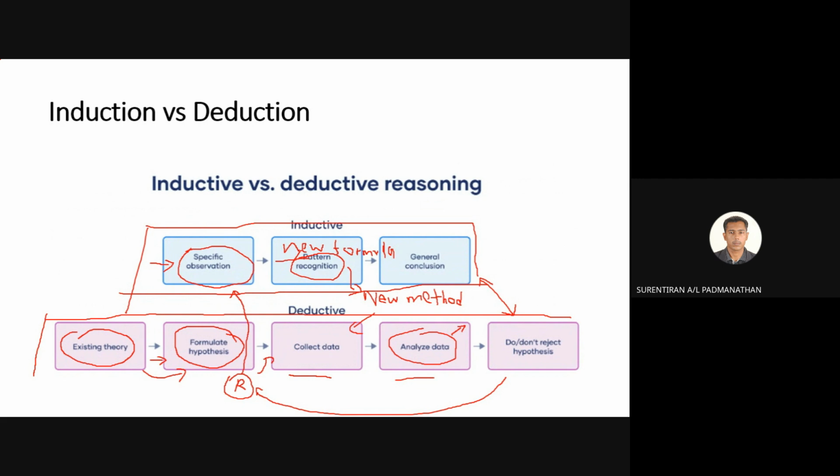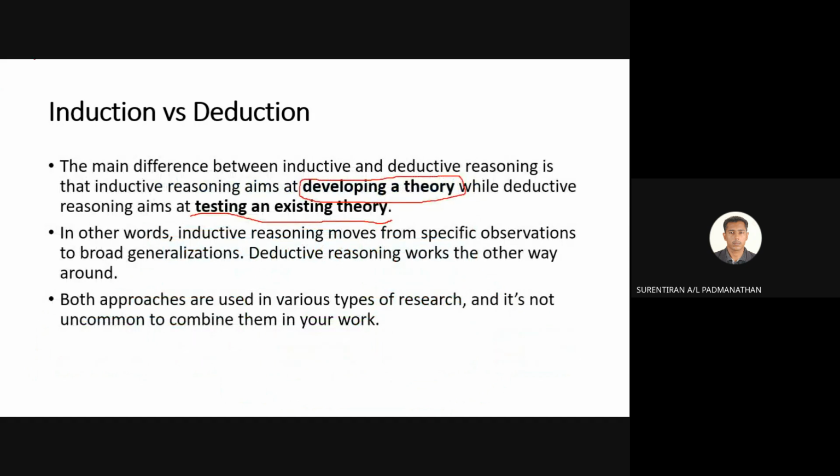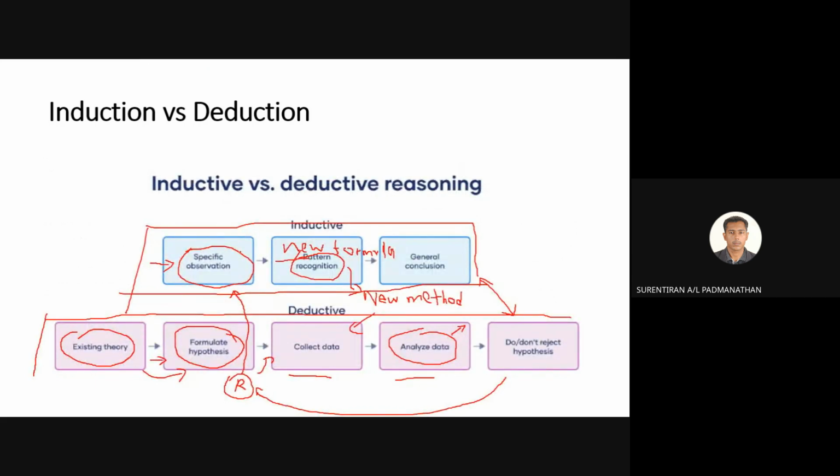So for inductive, as we saw just now, inductive is developing a theory, while deductive is testing an existing theory, right? So for inductive, you do some specific observation. Then after that, you recognize the pattern.